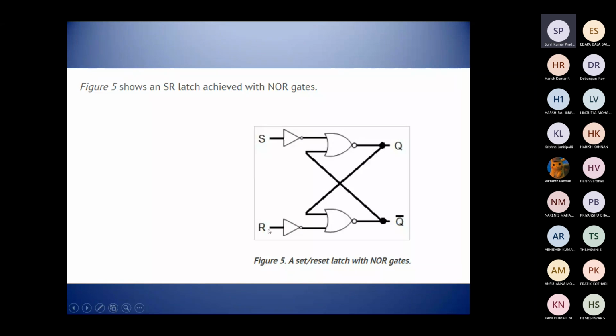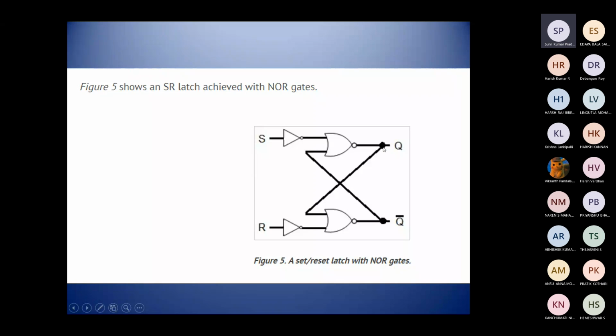Similarly, the other input R is given to another inverter, and the output of this inverter is given to this NOR gate. The output of the one NOR gate is Q, and here the output is Q complement.